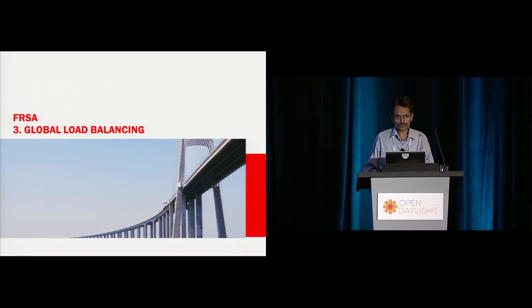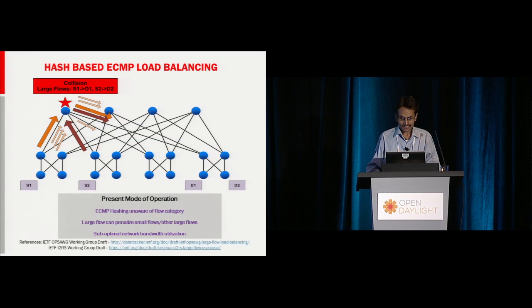So next one, global load balancing. Interesting. So from an OpenFlow perspective, many people maybe you've seen this use case, but I'll go ahead and point out how we are taking it to the next level. If you look at today's hash-based ECMP schemes, I've drawn a fat tree topology in a data center. You have two sources and destinations, completely independent, S1, D1, S2, D2, no intersection, right?